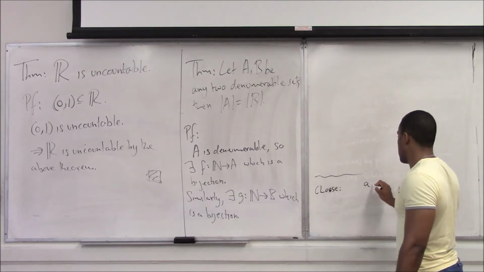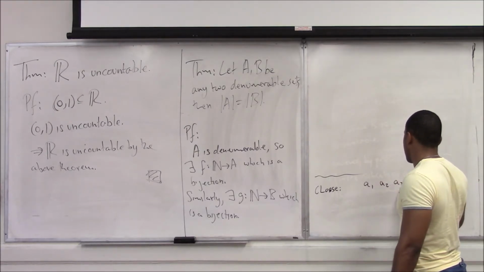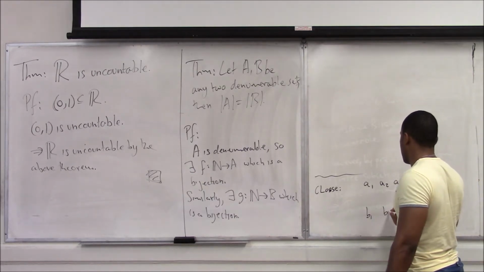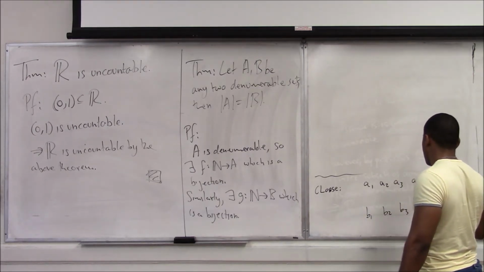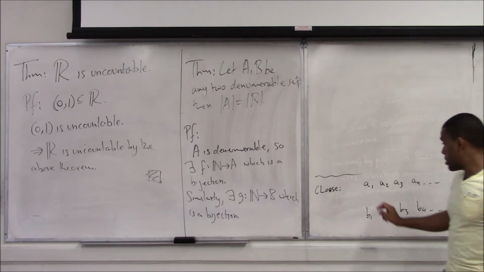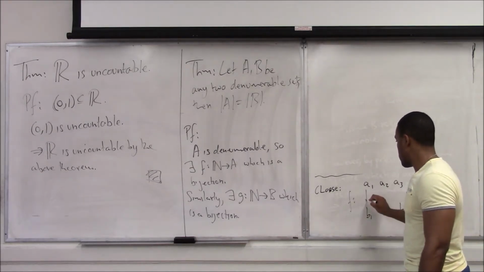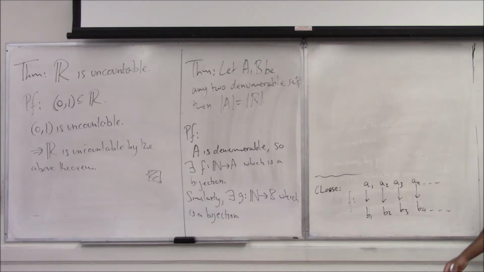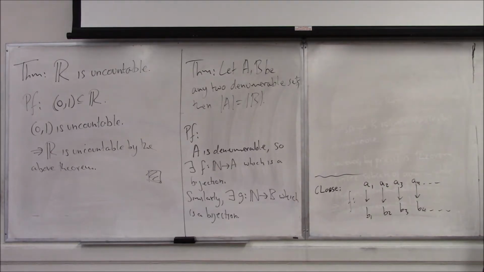So you can list A1, A2, A3, A4, and B1, B2, B3, B4, and then just take f to be the mapping from this to that. Yeah, but my question was, would it be equivalent to say that if I can list the elements of A, then do I have to write that?